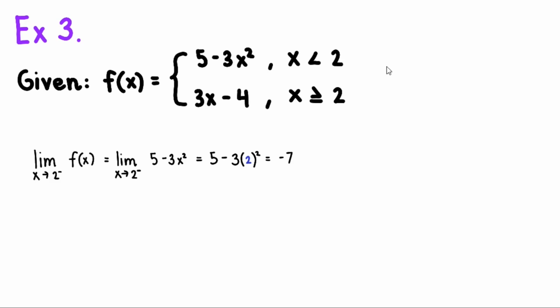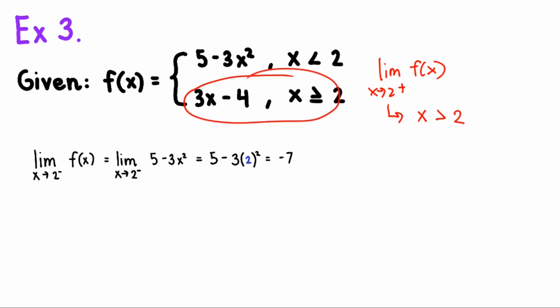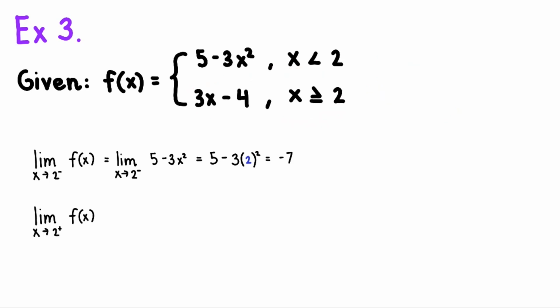Similarly, for the limit of f of x as x approaches 2 from the right, recall that from the right means values of x greater than 2. So it's this one out here. So we have the limit of f of x as x approaches 2 from the right to be just the function 3x minus 4.